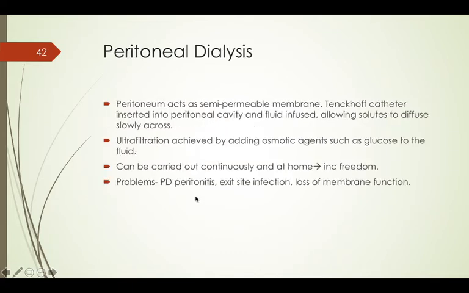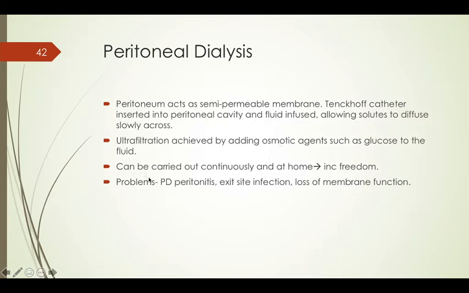Moving on to peritoneal dialysis now. Peritoneal dialysis is often preferred by patients because they can stay at home and don't have to come into hospital as commonly. The peritoneum acts as a semi-permeable membrane, again exchanging those solutes, and it happens via ultrafiltration.